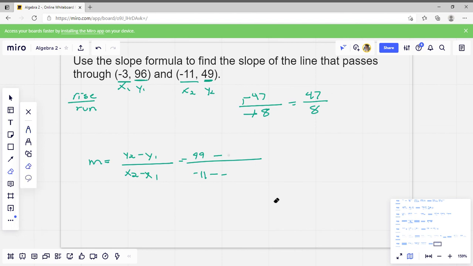Gotta be careful with these. That would be 96. 49 minus 96. That one is -3. 49 minus 96 is -47. And that turns into addition, and that's -8. And then those negatives cancel.